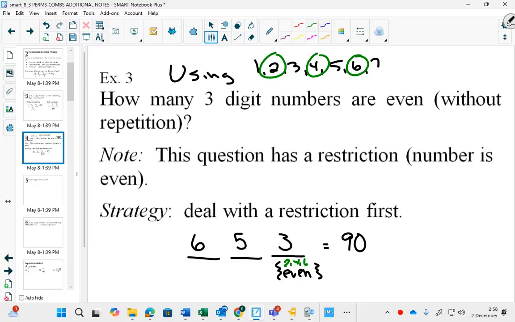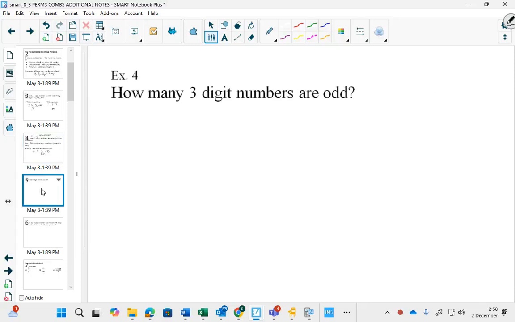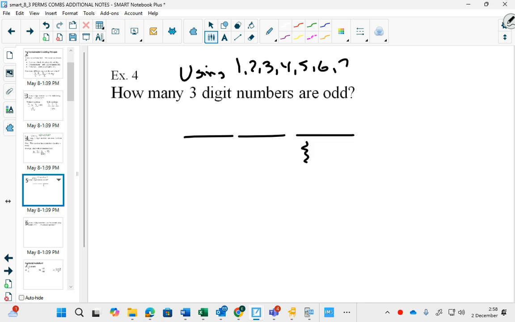So we deal with our restriction first, make sure we get what we want, and then we can deal with our other decisions afterwards. So again, I want you using 1 to 7. I want you to solve this one using the strategy we just learned. 3 spaces, here's our restriction, this is odd.